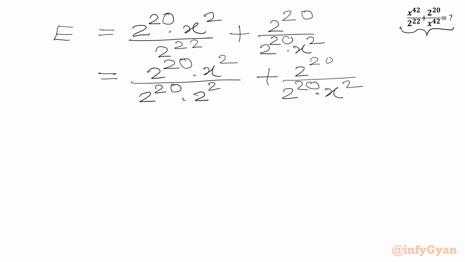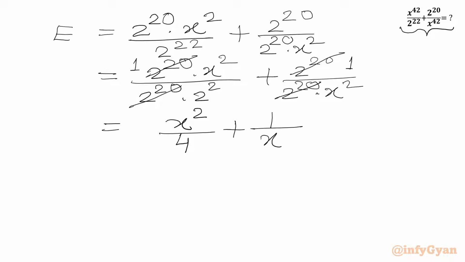Now we will cancel 2 power 20 from the numerator and denominator here, and we will cancel 2 power 20 from numerator and denominator here. So I will write x square in the numerator, over 2 square, which is 4, plus 1 over x square in the denominator.